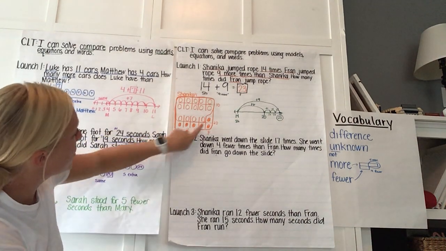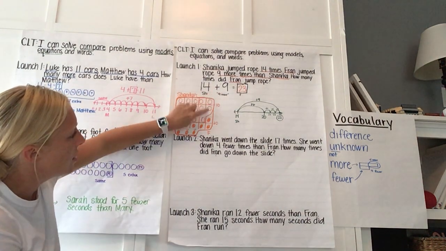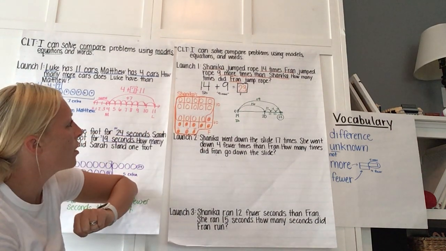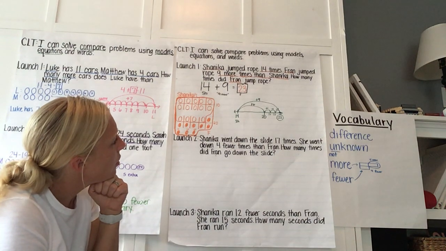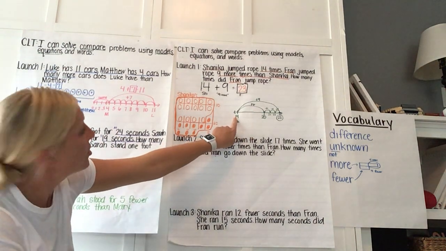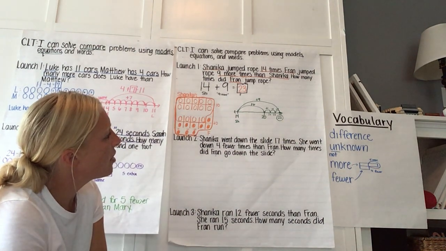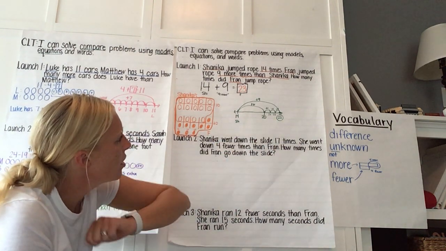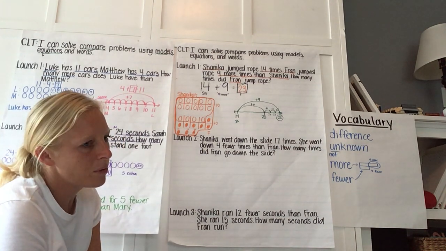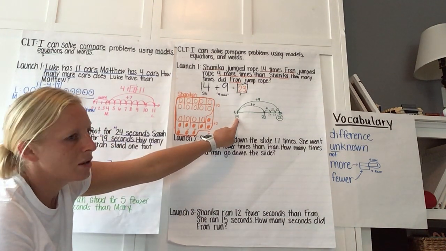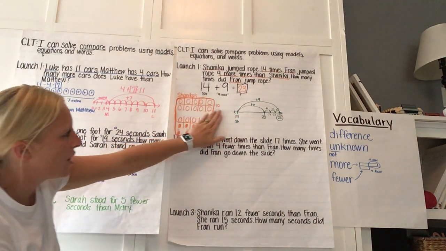Okay, so this piece of work, we see all of those numbers, right? We saw the 14, drew on 9 more, and the total was 23. Added 2, absolutely, did a big jump and counted on from there, and we see that answer there. So where are Shanika's times that she jumped rope? Is it just this 14? No, it's the 14 that's all before that on the number line.